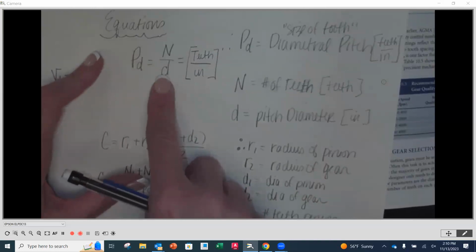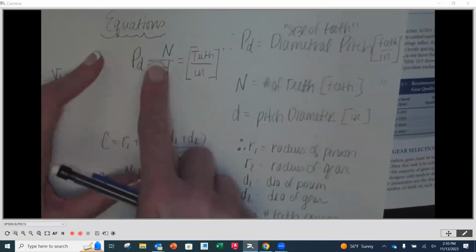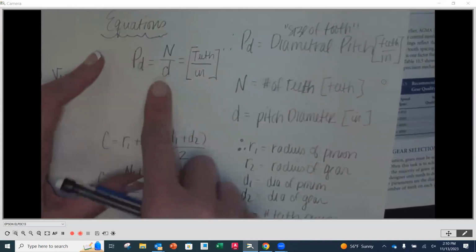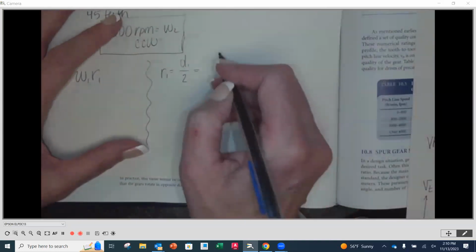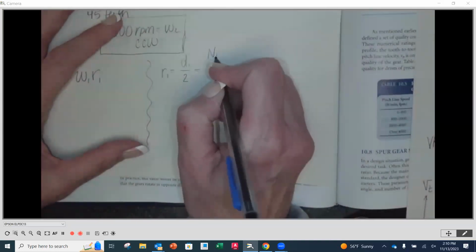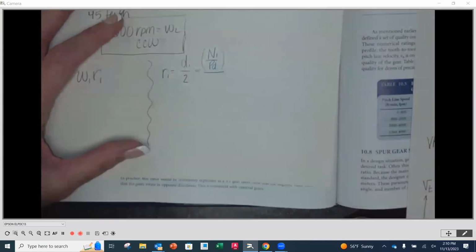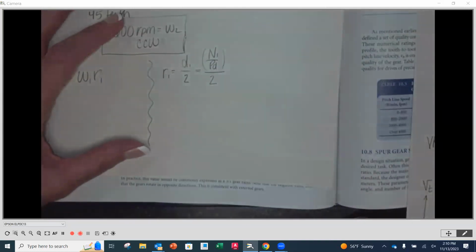Algebra-wise, the D goes up on top, and the diametral pitch is divided on both sides, so these flip places. D1 is equal to the number of teeth on the pinion divided by the diametral pitch. Agreed? You see how I did that? Divided by 2 to get the radius.